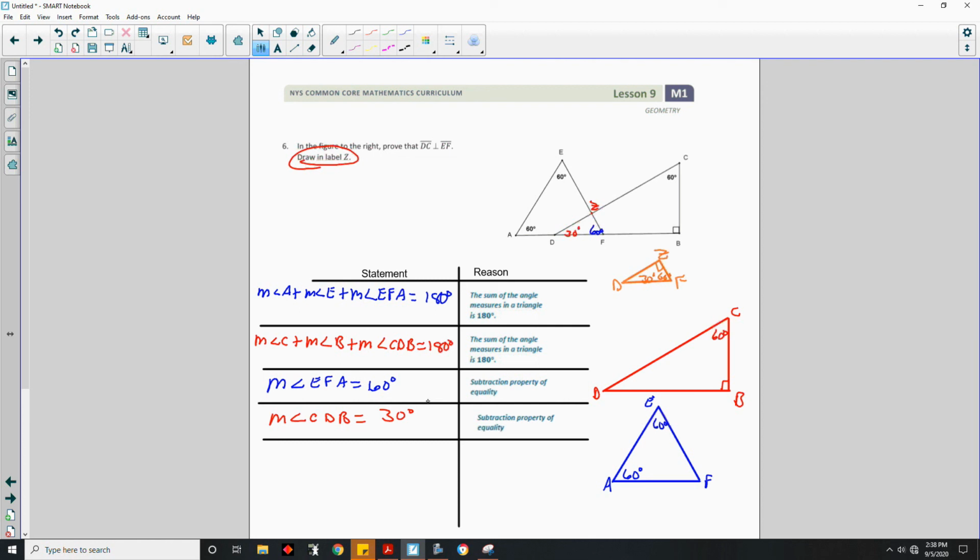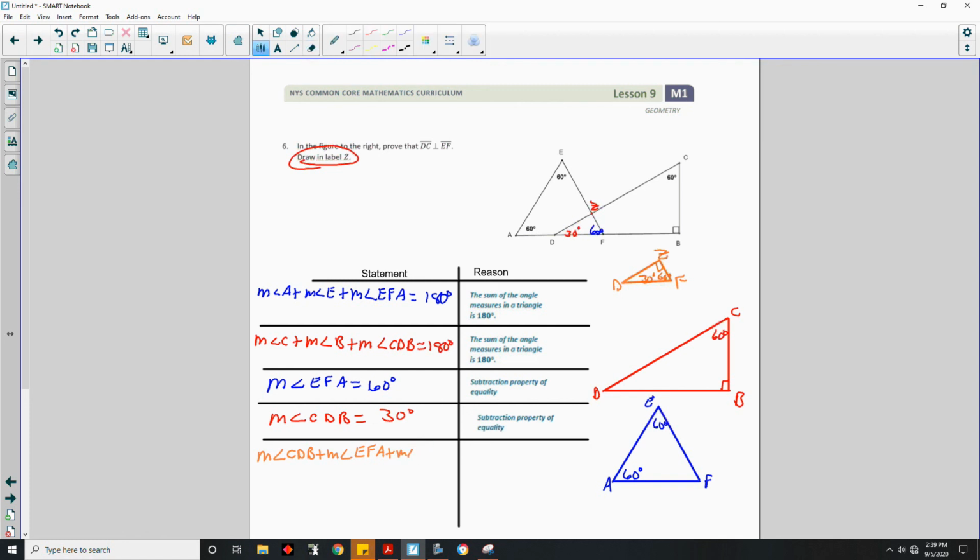Okay, so now I can say the measure of angle CDB, right here, the measure of angle CDB plus the measure of angle F, which is EFA, plus the measure of angle DZF, oops, I forgot my measure angle equals.